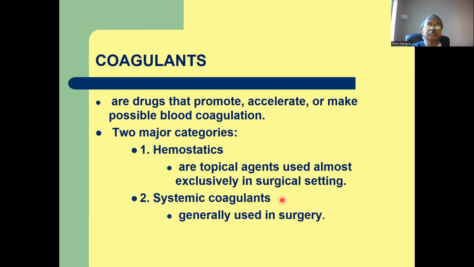That is when the surgeon tells the anesthesia, please give them protamine sulfate, which is one of the systemic coagulants. Systemic coagulants can be given through intravenous route. So systemic and hemostatic: one of them is topical, another one is through the IV.